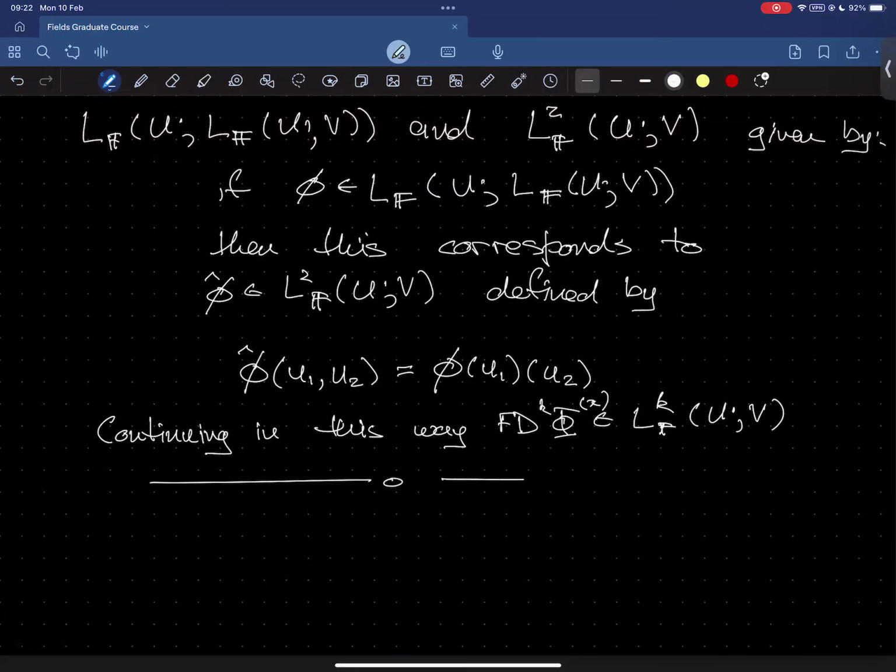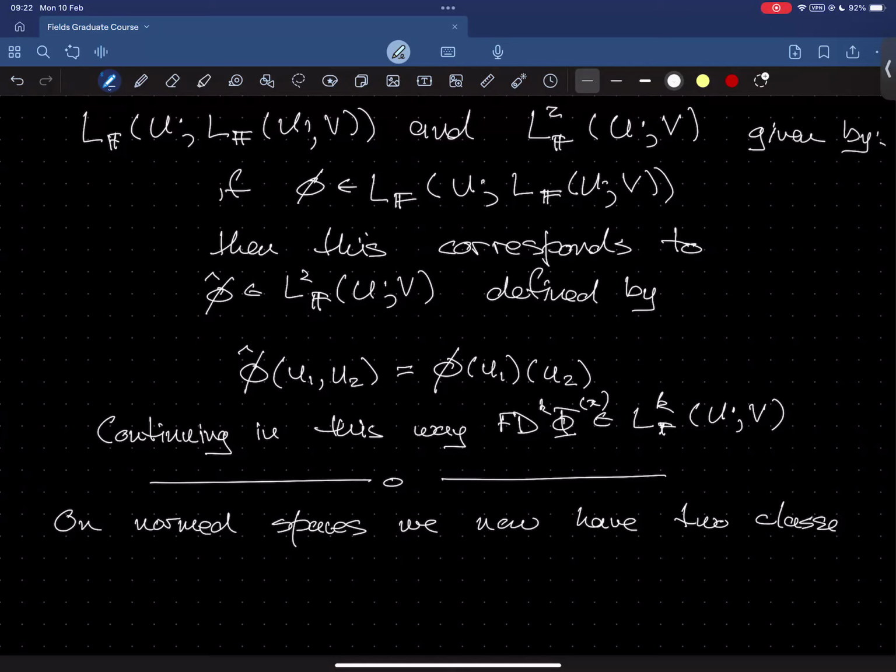Okay, that's my note. So what do we want to understand? We want to understand the relationship between FCK functions and CK functions on normed spaces. Okay, so on normed spaces, we now have two classes of mappings.